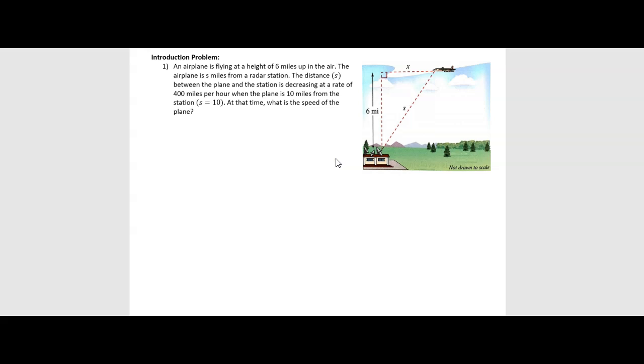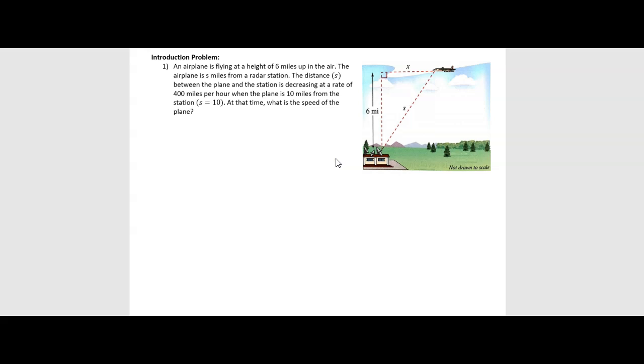The distance between the plane and the station is decreasing at a rate of 400 miles per hour when the plane is 10 miles from the station. So when S equals 10, that distance is decreasing by 400 miles per hour. We need to figure out the speed of the plane at that time.